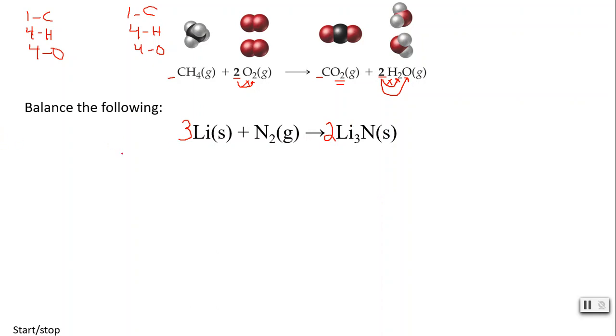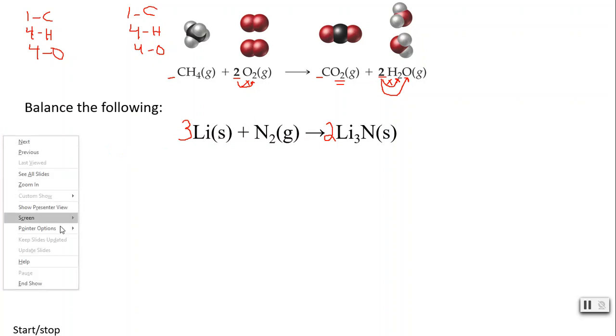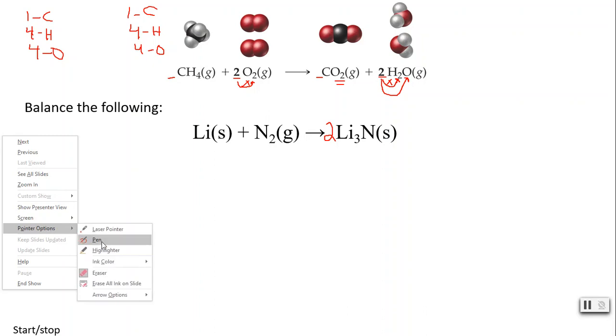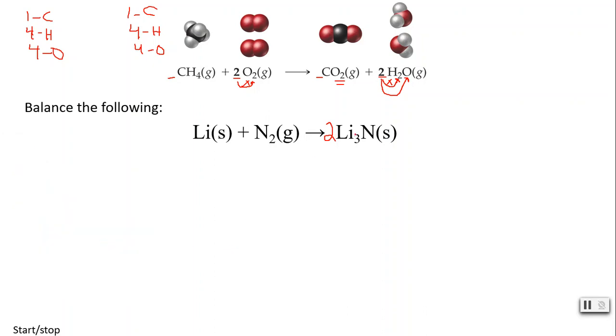That's okay. We can go back and change that coefficient once I get my eraser. I can go back and change coefficients as needed to balance the equation. With that 2 there, my nitrogens are balanced, but now I have 2 times 3, or I have 6 lithiums.